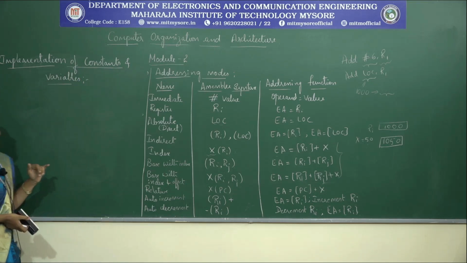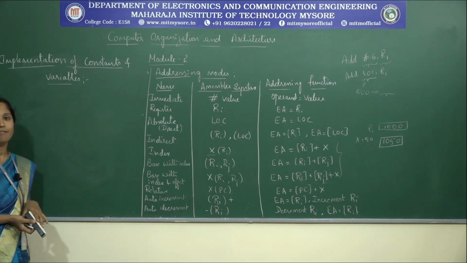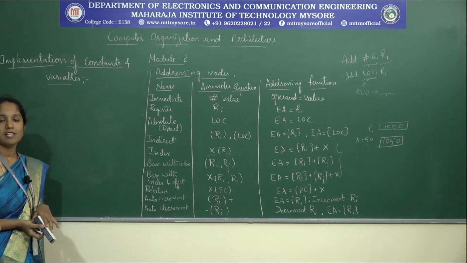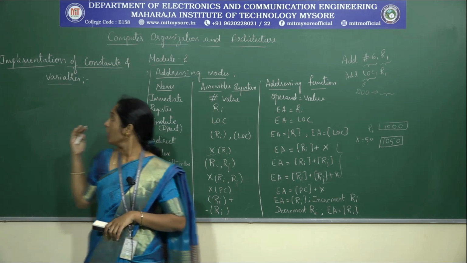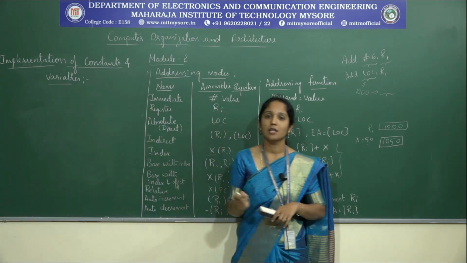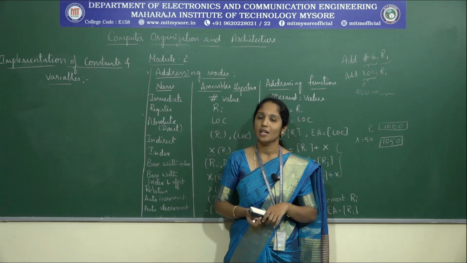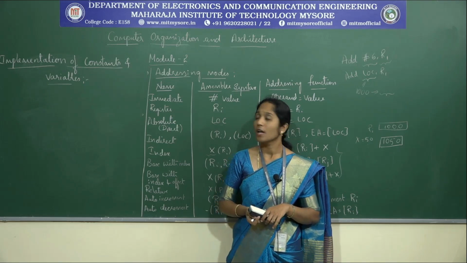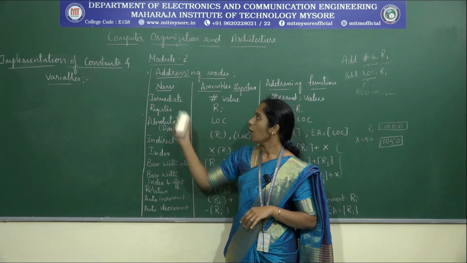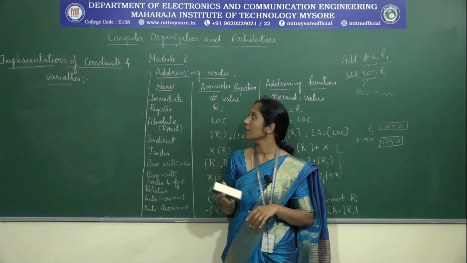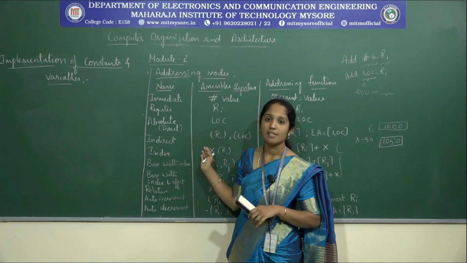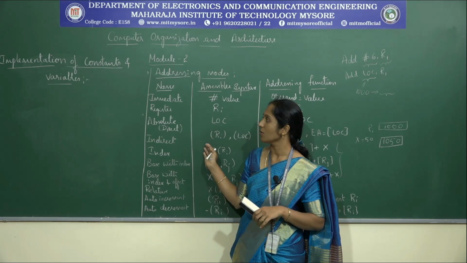Next is implementation of constants and variables. As we all know, the constants and variables are the most commonly used data types in all the languages. And let us see how to implement these constants and variables using the addressing modes that we had discussed just now.